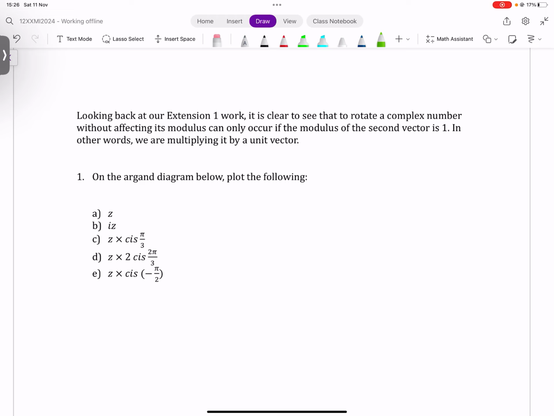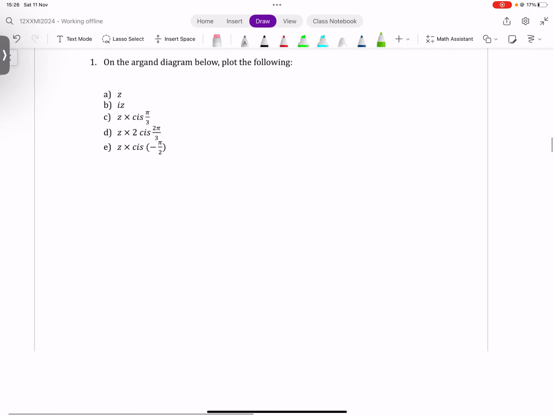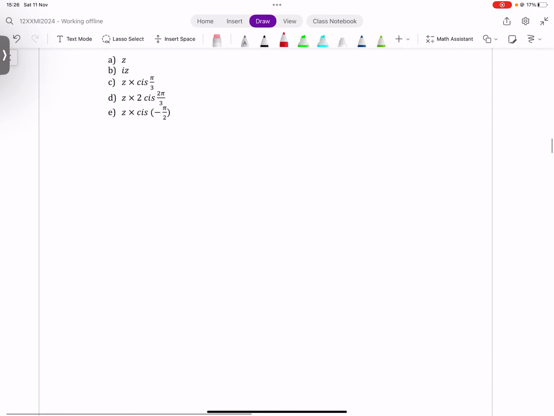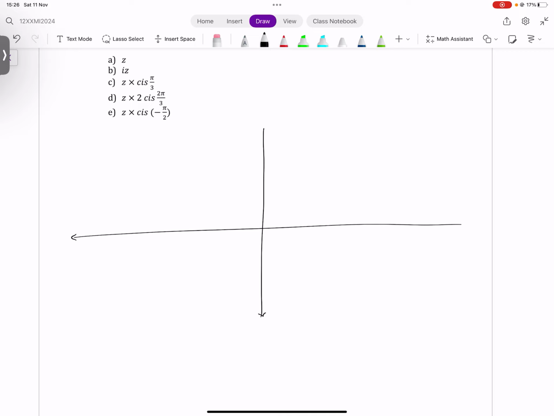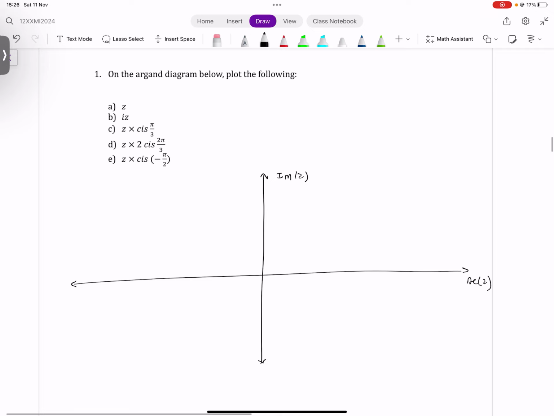On the Argand diagram, we're going to plot the following. So we're going to draw a little Argand diagram. And now we're just going to locate z anywhere on this complex plane.